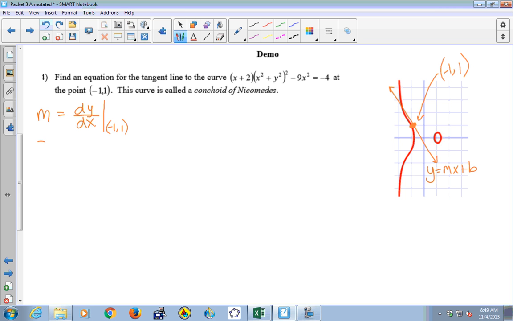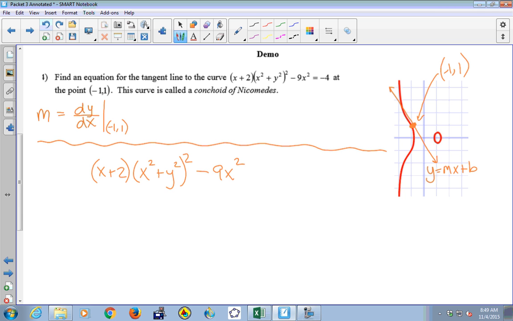So what I do is I'm going to start with my really messy equation. And I'm going to take d dx of both sides.